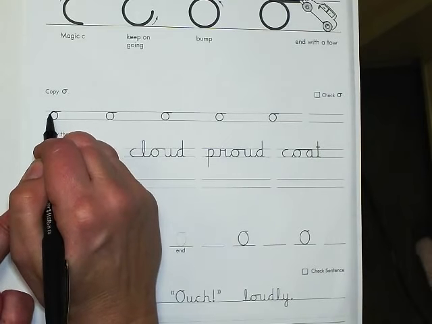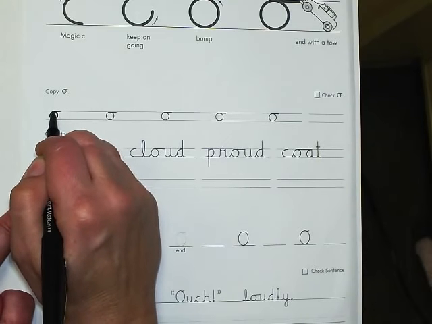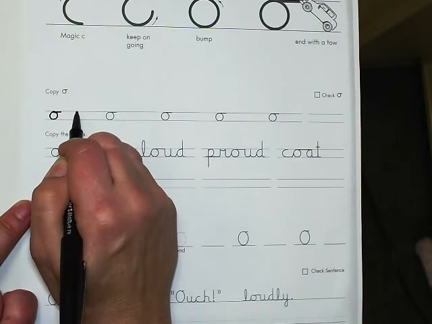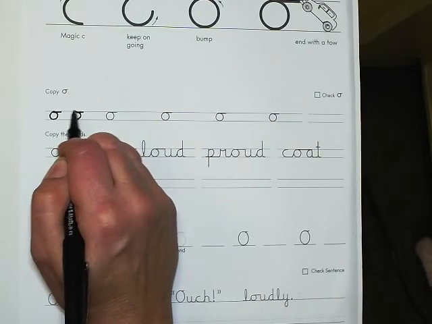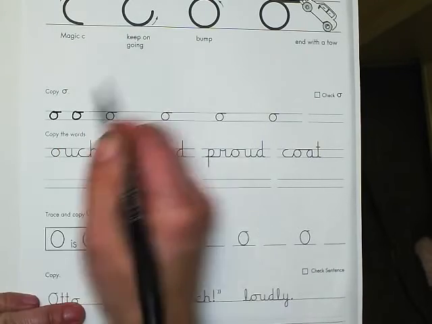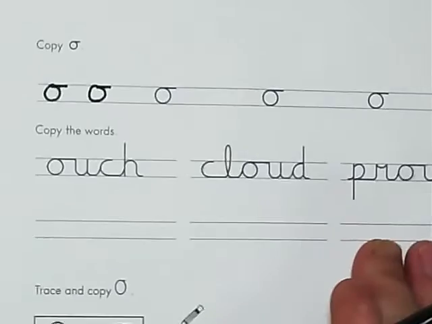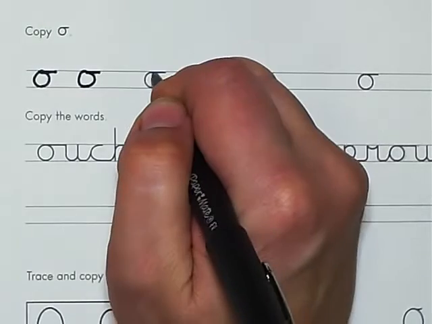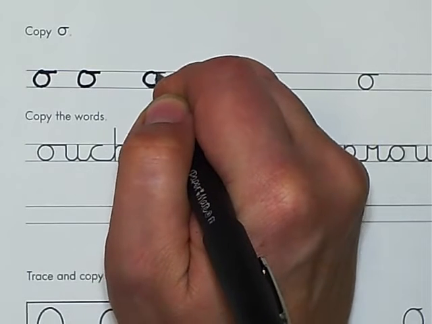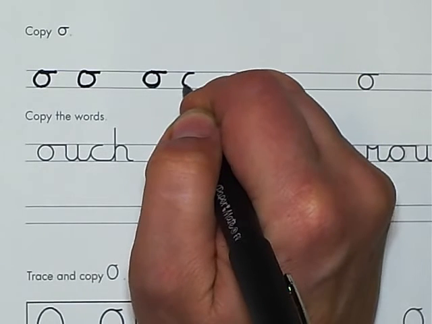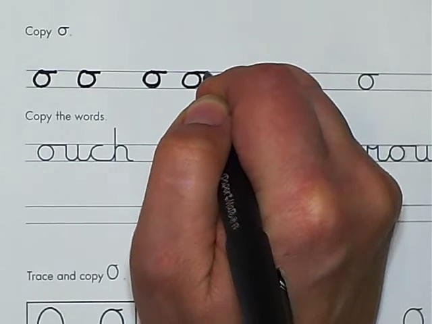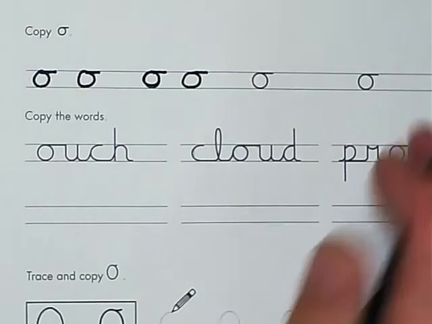We start with our magic C, but then we just keep going around and toe out. You want to make sure you hit the bottom line and the top line. Let's zoom that in a little bit. Trace again, magic C all the way around and toe out.